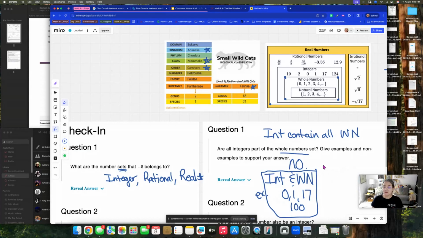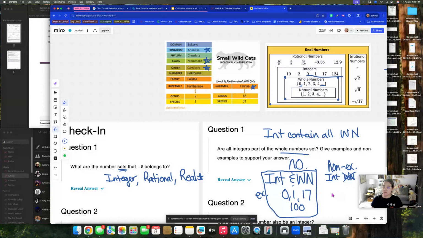Okay, and then the non-examples are the ones that are integer, but they are not whole numbers. Whole numbers only go from 0 to infinity. That's these guys.